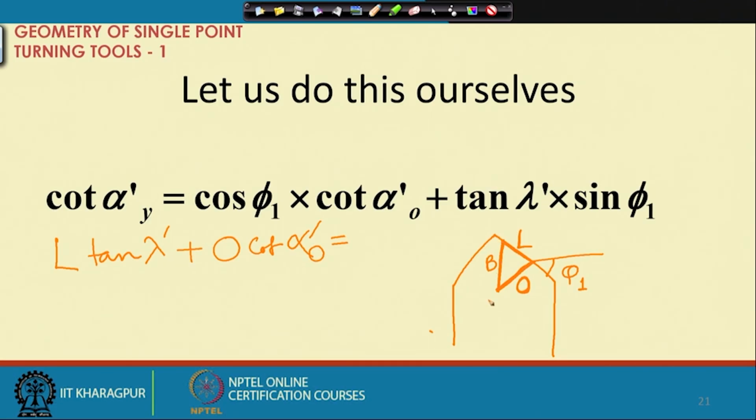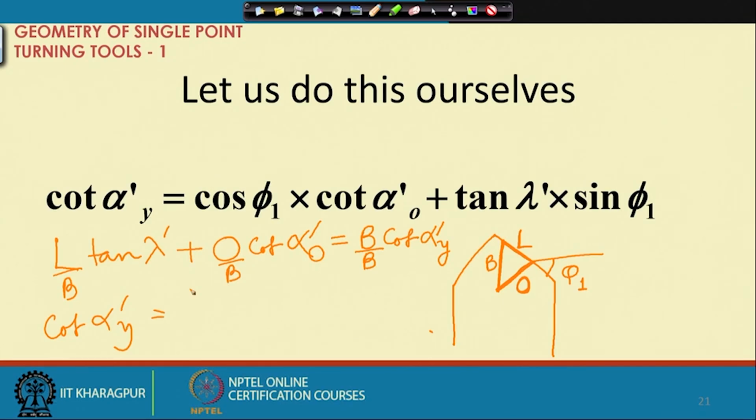This transverse direction we have B cot alpha y dash, and therefore, if we divide it by B, so we have cot alpha dash y equal to, what else do we have here?